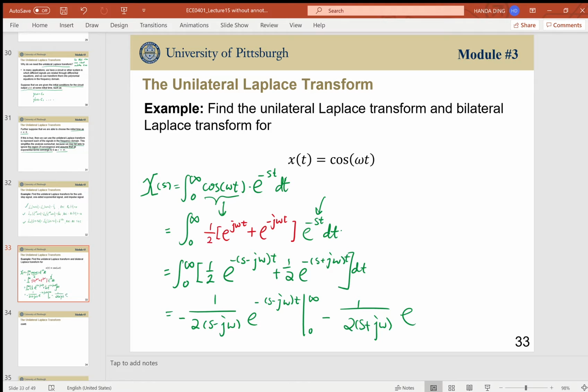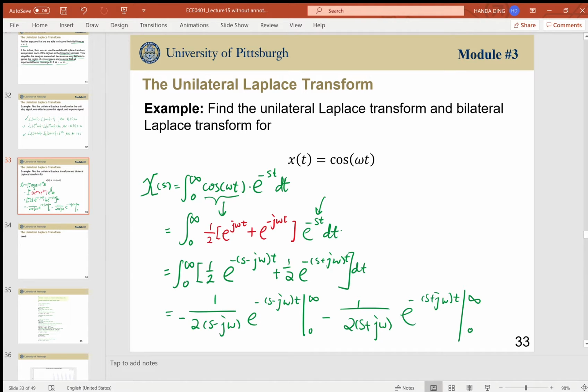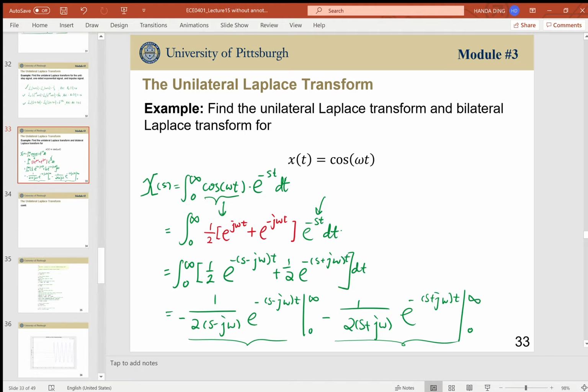Now we're doing the unilateral Laplace. But it's just two parts. Next page.